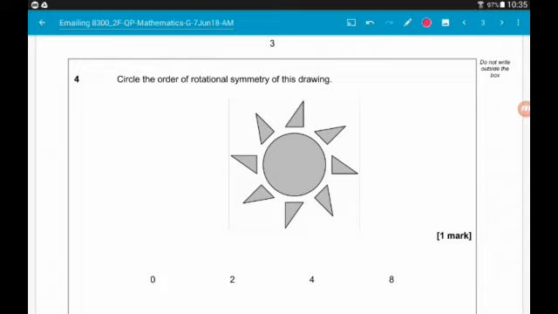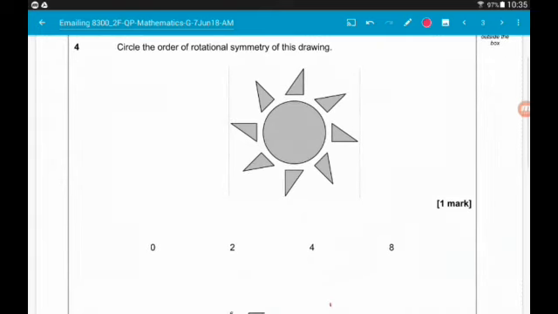So we can count there are 8 triangles around the outside. So through a 360 degree spin, it's going to look exactly the same 8 times. So the order is 8.